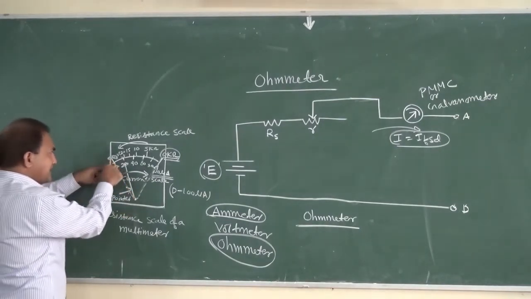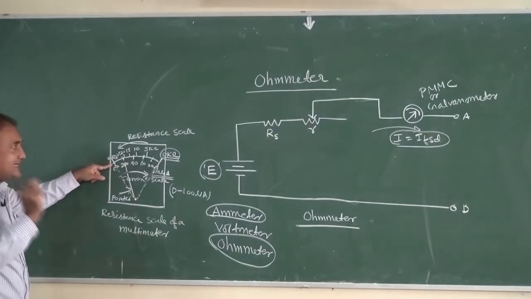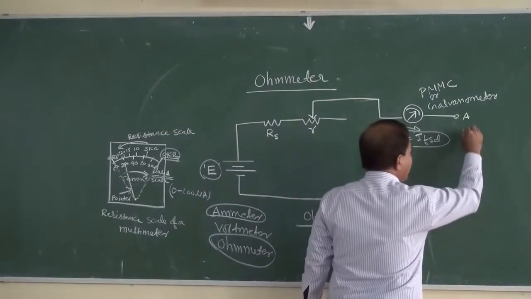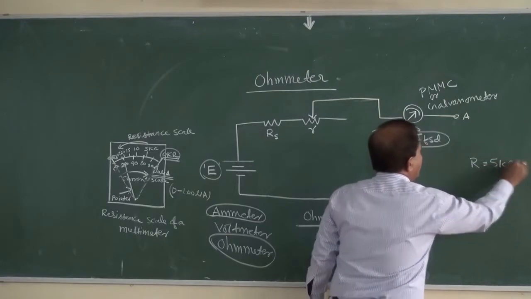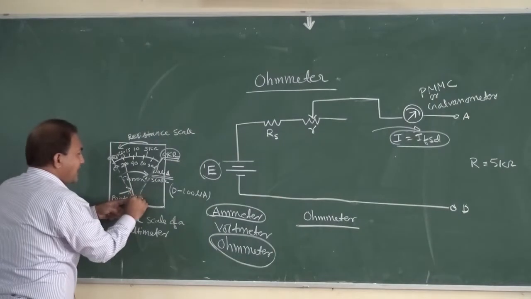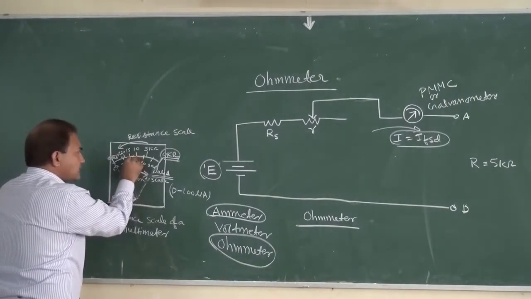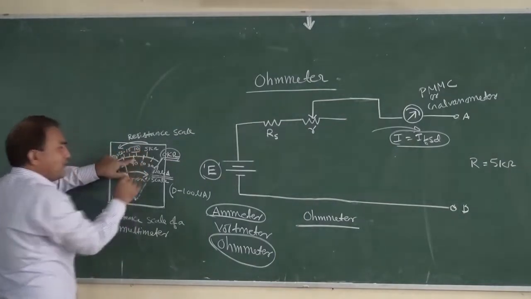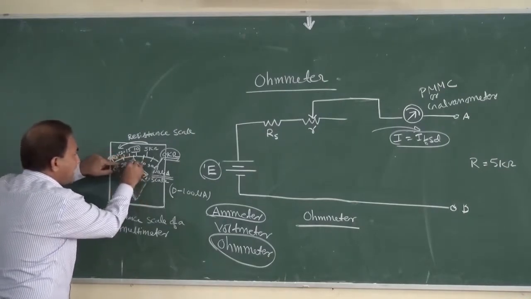Then for known values of resistor, suppose R is equal to 5 kilo ohm, we measure how much current is flowing. Suppose it is calibrated as 40 microampere.